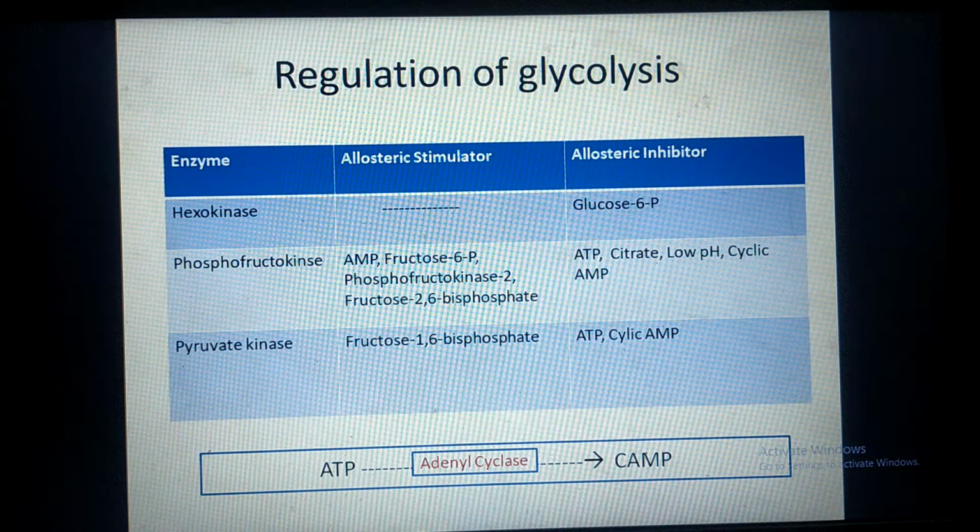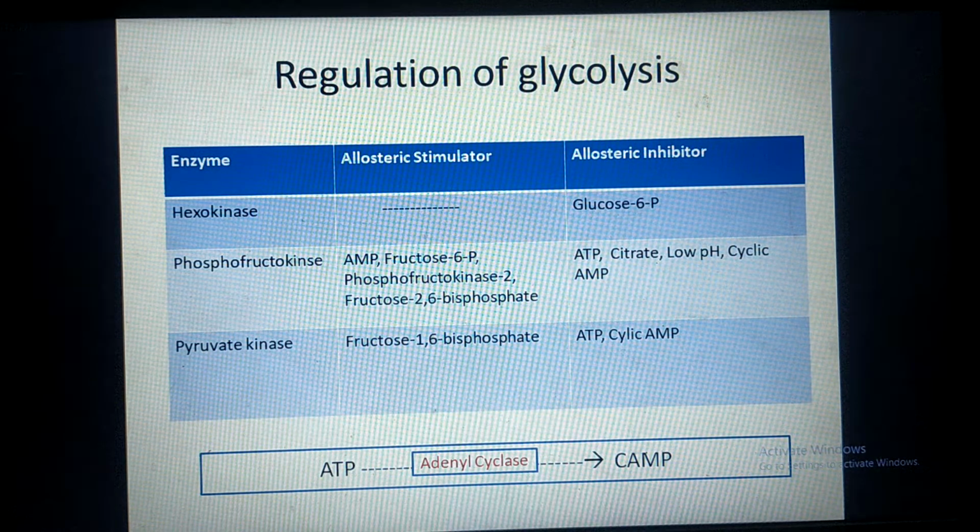When the ATP requirement of the cell is low, the TCA cycle operates at slow speed. Therefore, citric acid gets accumulated inside the mitochondria. When saturation occurs, that citric acid enters the cytoplasm and inhibits the enzyme phosphofructokinase.